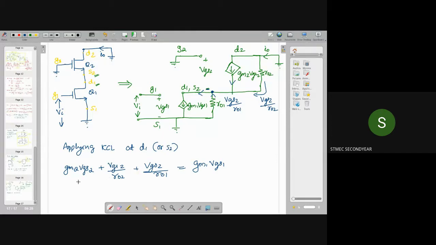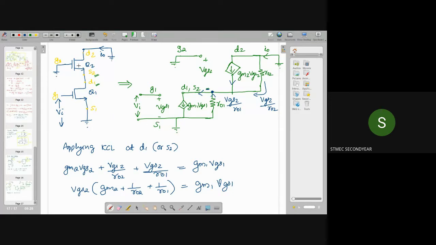Now, take VGS2 outside on the left side: VGS2 into gm2 plus 1 by R02 plus 1 by R01 equals gm1 into VGS1.